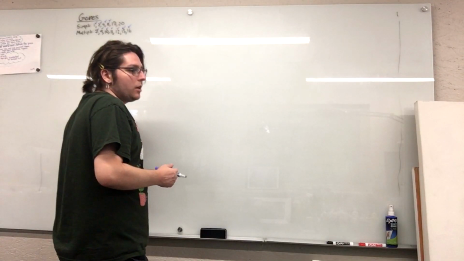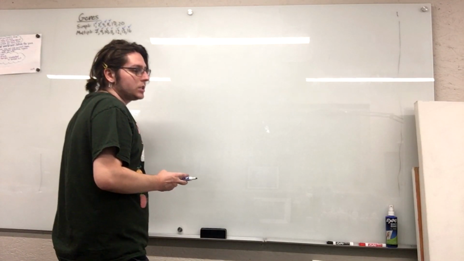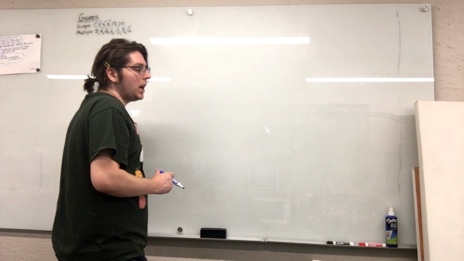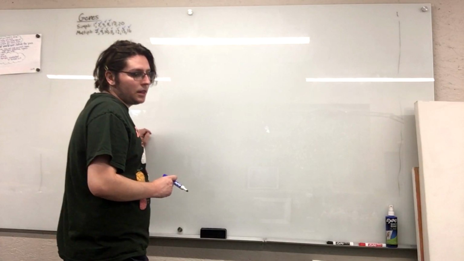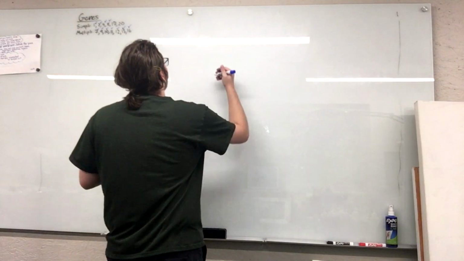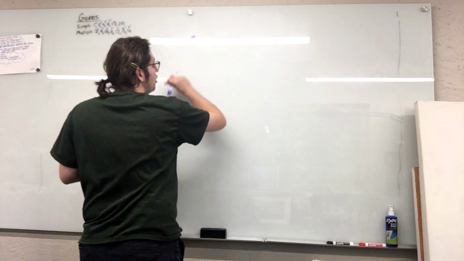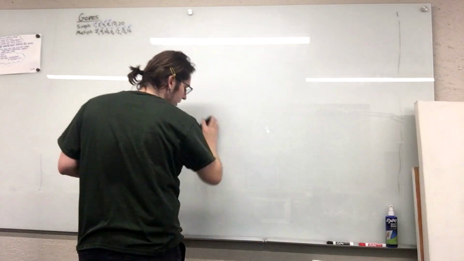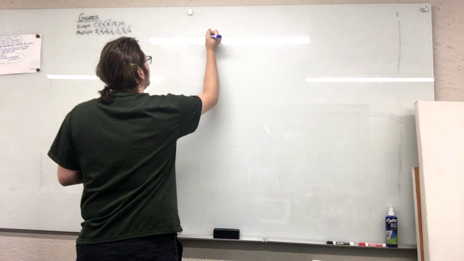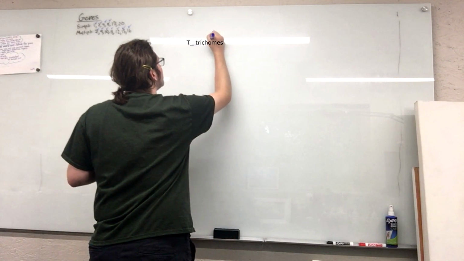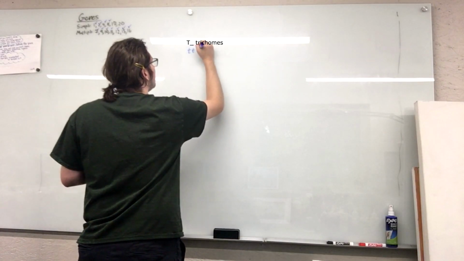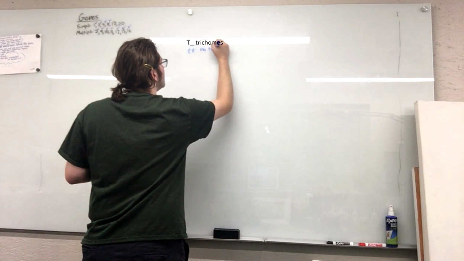And so we're told that when our mutant plants cross with the wild type, then the offspring express the wild type phenotype. This means that our mutation is going to be recessive. So we know that no trichomes is going to be recessive, and trichomes is going to be dominant. So trichomes and no trichomes.